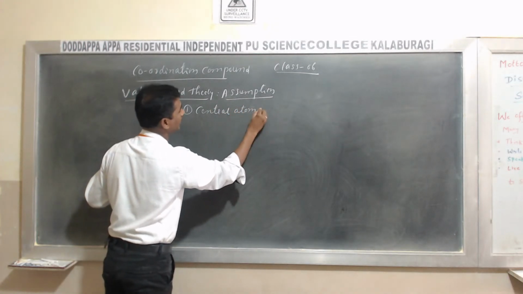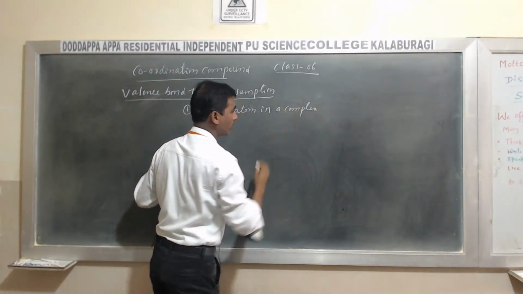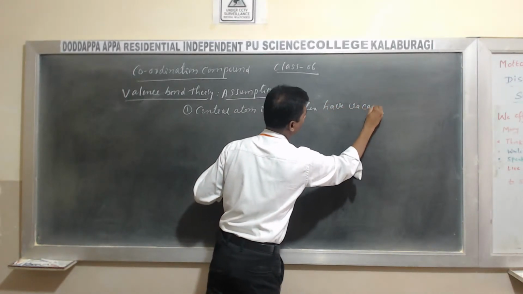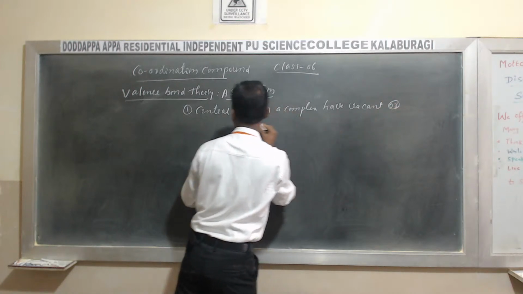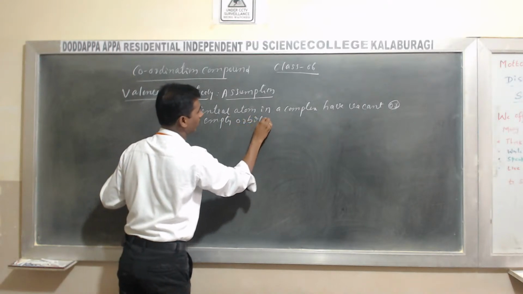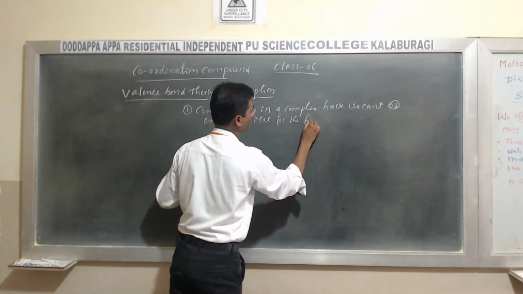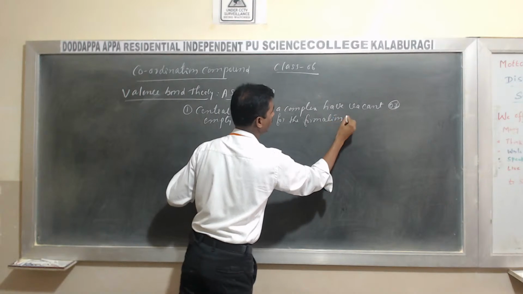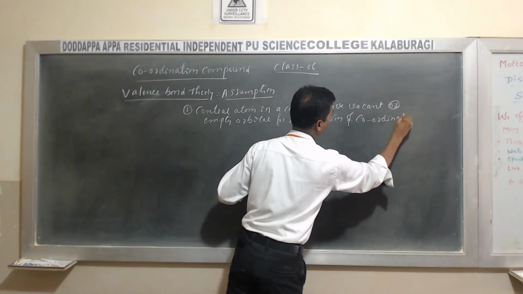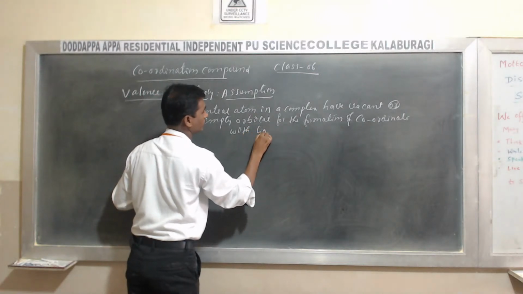The central atom in a complex has vacant or empty orbitals for the formation of a coordinate bond with a suitable ligand.